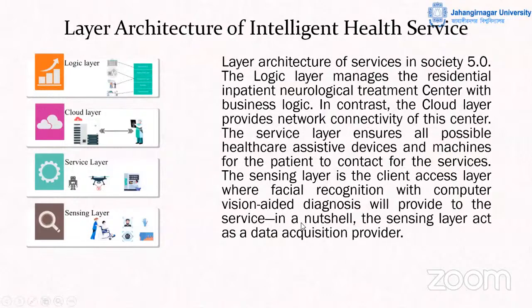Okay. So we are proposing here a layer architecture for the intelligent health services system. The sensing layer actually senses all the possible data collection or acquisition, heterogeneous data from public spaces, from private spaces, from cyberspaces.